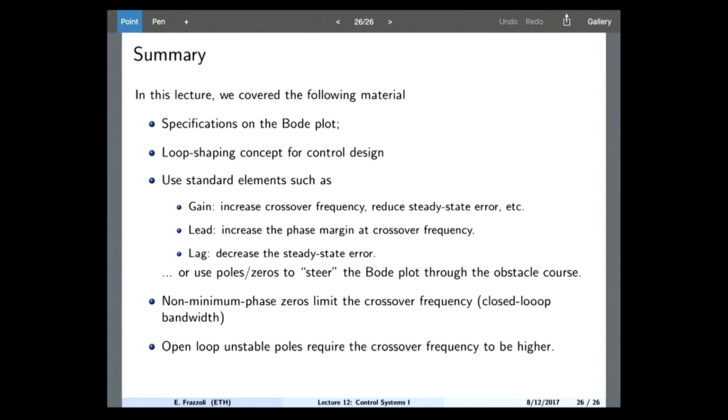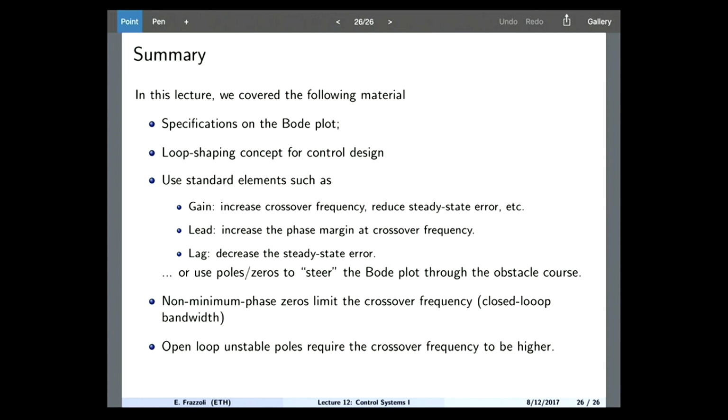Loop shaping just means take your loop transfer function, move it, raise it or lower it, bend it to the right, to the left, however you need to, in order to clear the obstacle on the left, clear the obstacle on the right, cross the 0 dB line in some place, and cross it with a shallow slope. That's all there is. Okay?